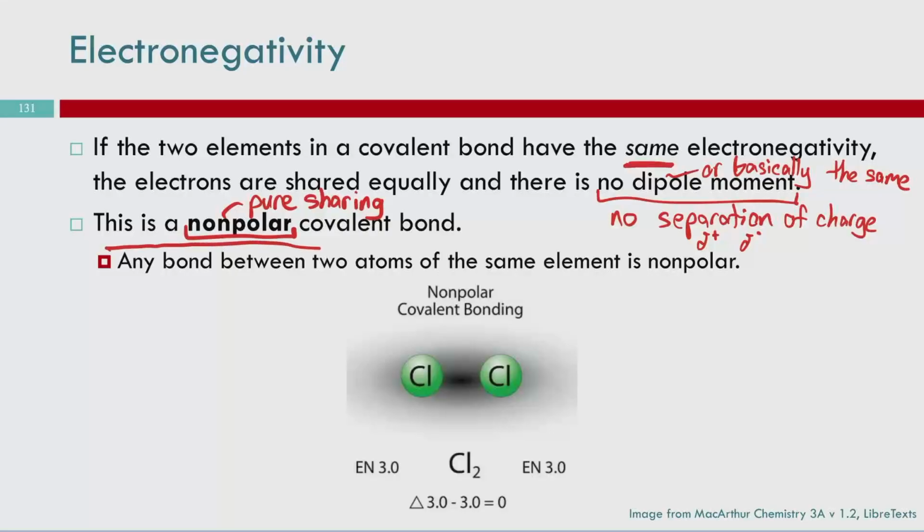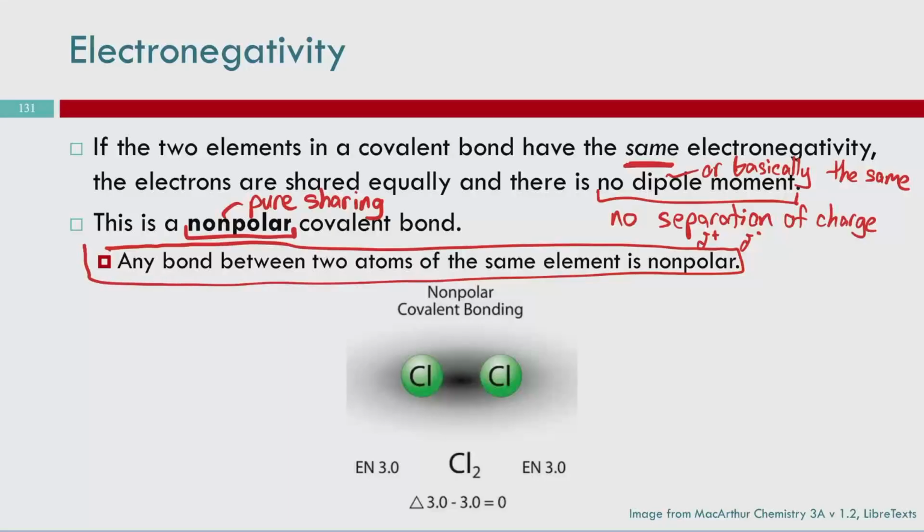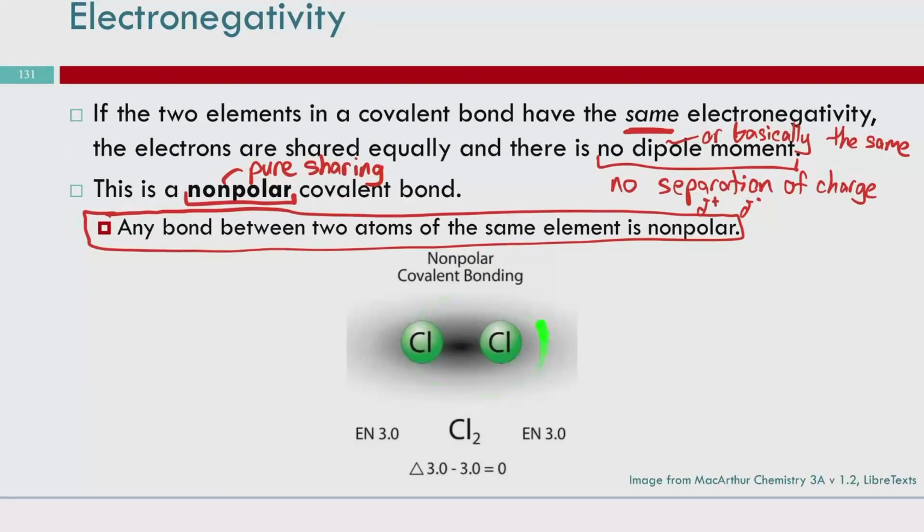Any and every bond between two atoms of the same element is nonpolar. For example, chlorine bonded to chlorine. Chlorine has an electronegativity value of 3. The other chlorine, since it's also chlorine, has an electronegativity value of 3. If you put them head to head in a fight, there's not going to be a winner. It's a dead standstill.